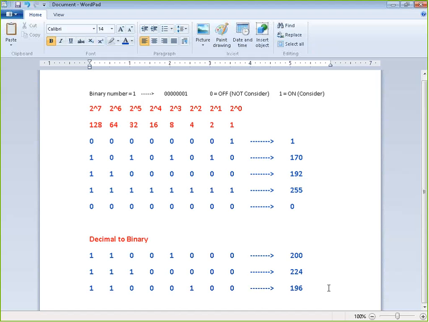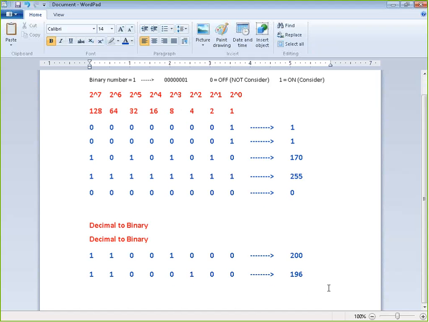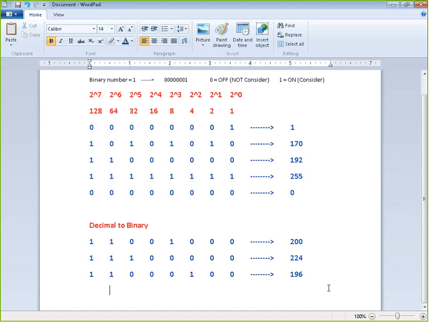Okay, great. Let's go in for another example. The next example that we are going to talk about is 172. Get the value for 172.